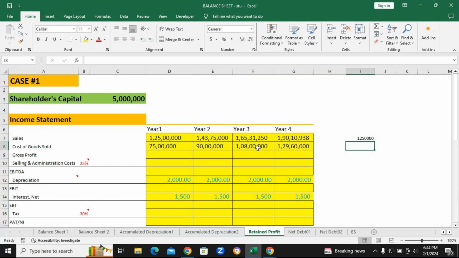So for these first two line items, where they have mentioned the sales and the COGS, as I told, you have to take it equals 1 crore 25 lakhs like that. These two line items, sales and COGS.